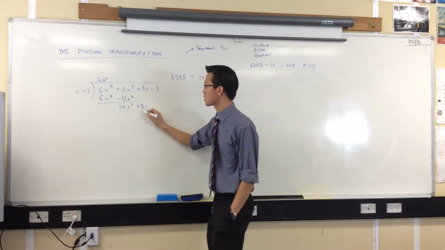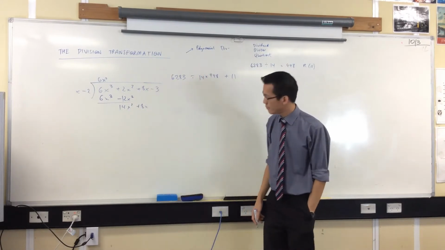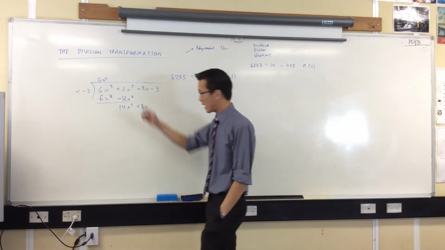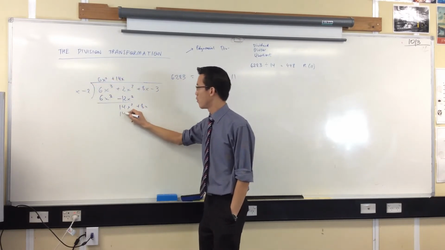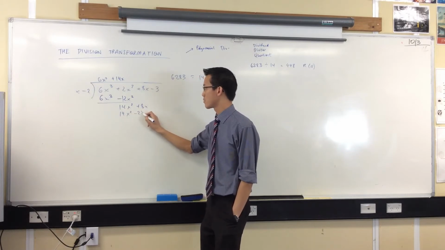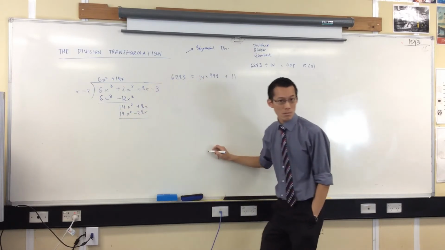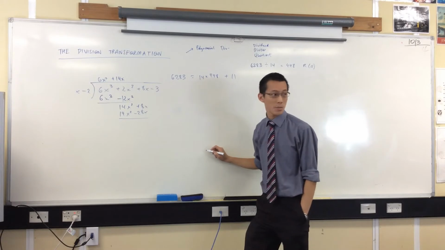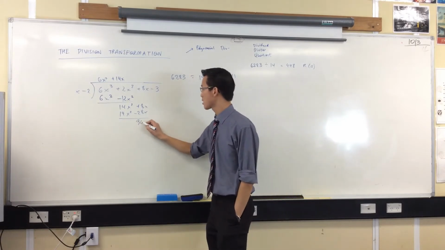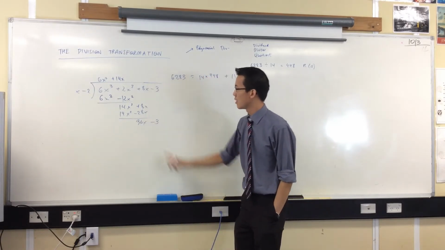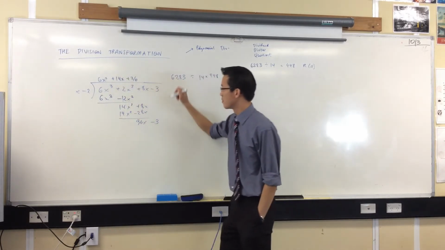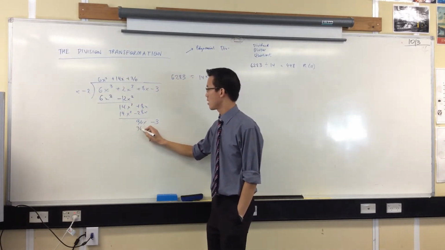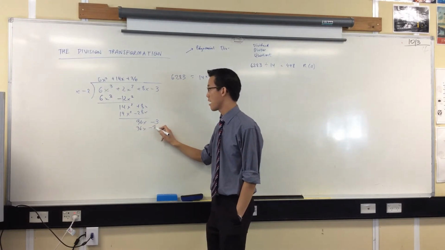Bring down the 8. Okay, now what? 14x. Multiply back. 14x squared minus 28x, which gives me 36, subtract 3, how many times? 36, multiply back, 36x minus 72.